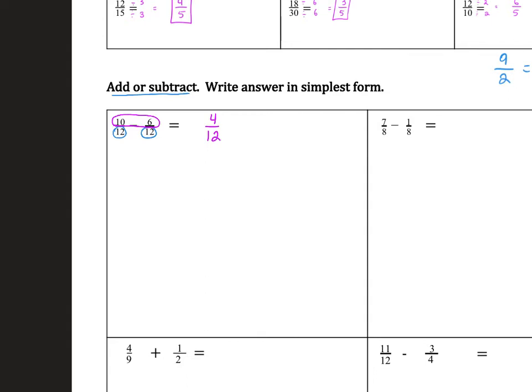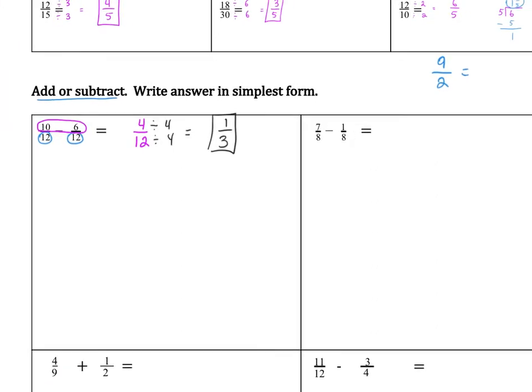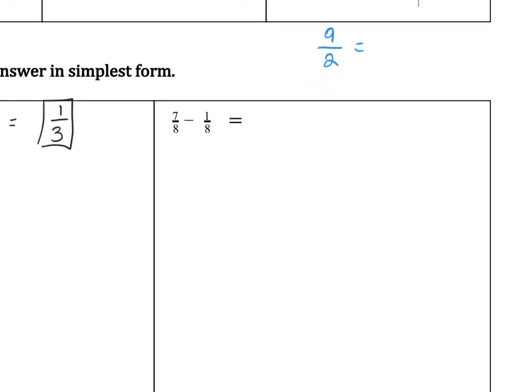Now remember, I need to put my fraction in simplest terms. So I'm going to divide the top and the bottom here both by 4 to get 1/3 for my final answer. My next one, my denominator again is the same, so I'm just going to subtract across the top. 7 minus 1 is 6. And now I'm going to divide the top and the bottom by 2, and I get 3/4.